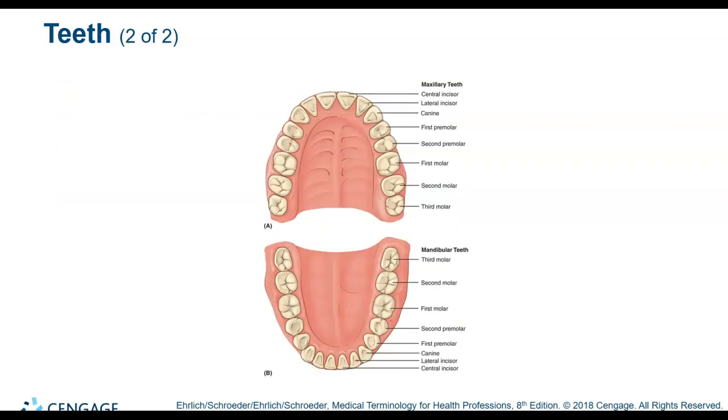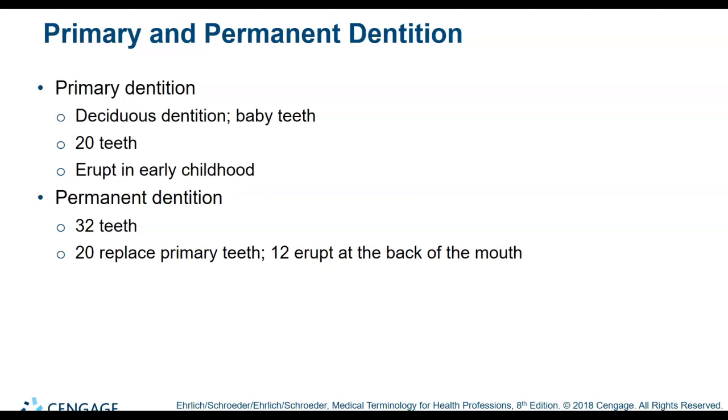Here's the jaw with all of our teeth. I am not going to show you a picture of teeth and ask you which one is which. That will be for your dental hygiene classes and anatomy. The important thing to know here is primary dentition. These are baby teeth. It's deciduous dentition. There's only 20 teeth.